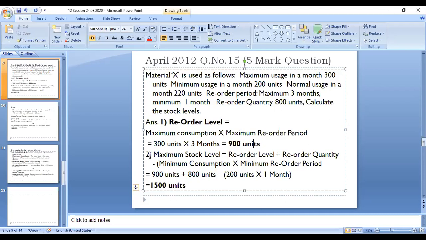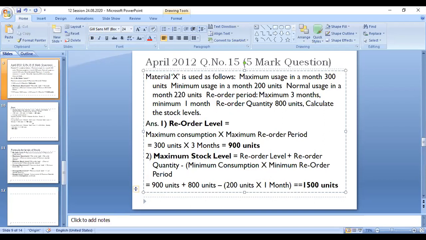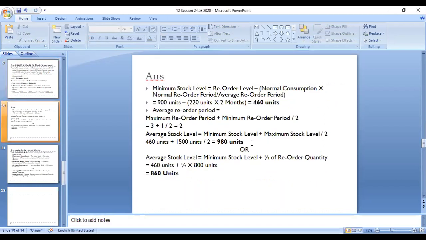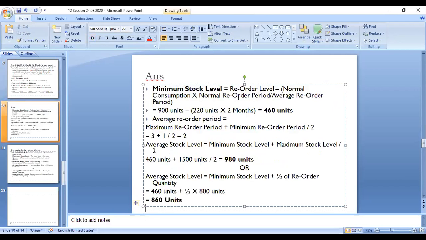Maximum stock level, that is calculated. That amount is 1500 units. Okay. And next, third one, minimum stock level. It is calculated. That answer is 460 units.